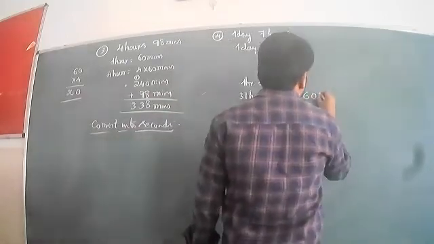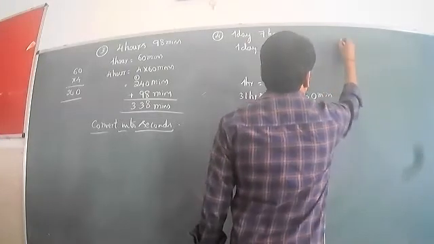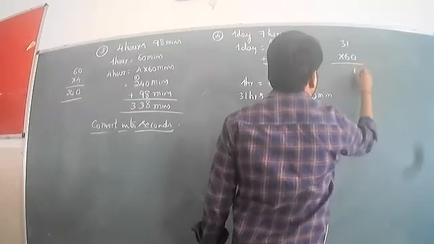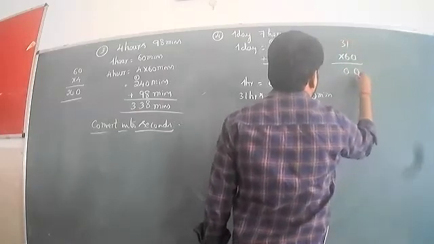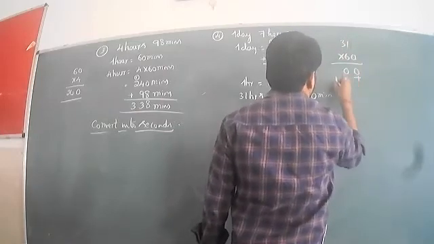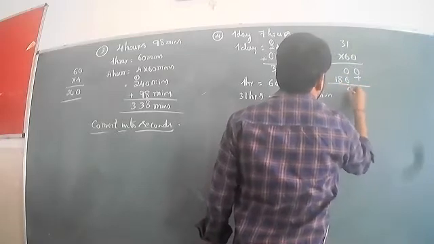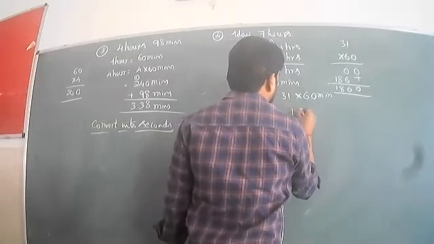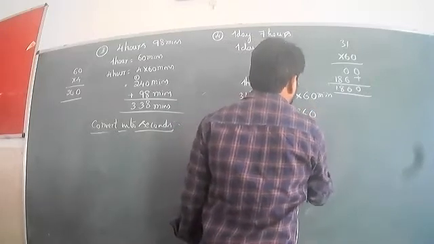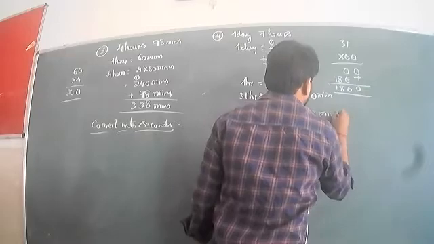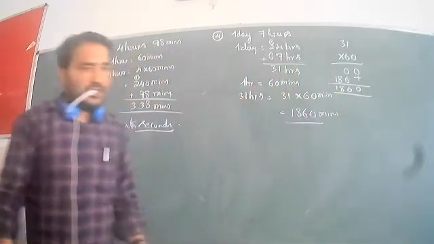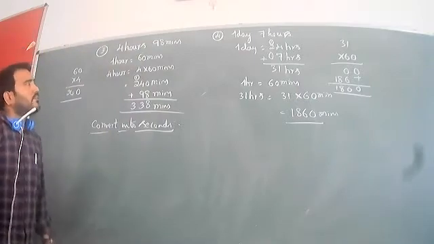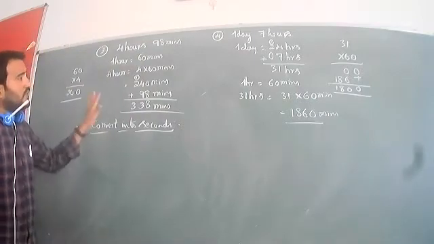What answer do we get? 31 into 60. 0 1 the 0, 0 3 the 0, plus 6 1 the 6, 6 3 the 18, 0 6 8 1 0. So we find 1860. 1860 minutes. So this is for converting into minutes.